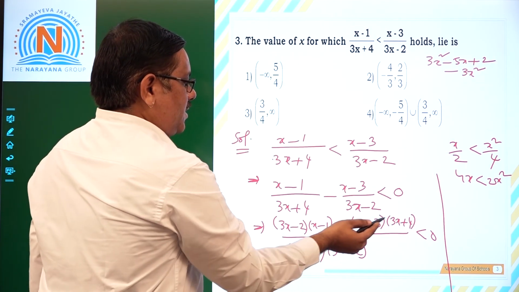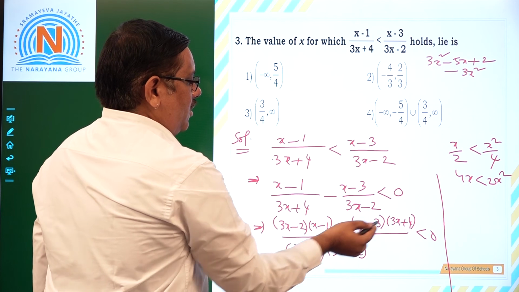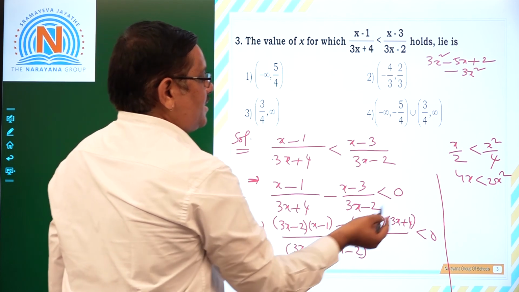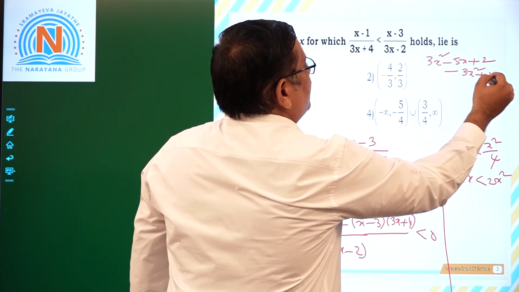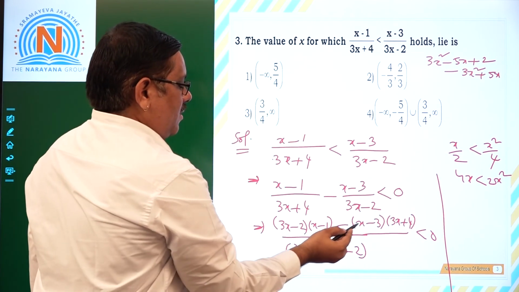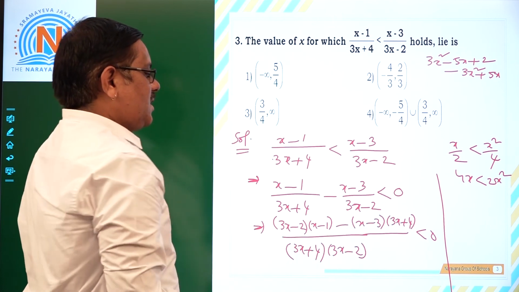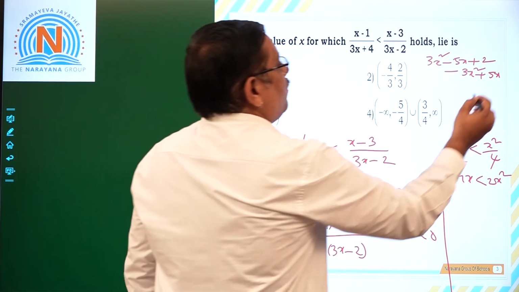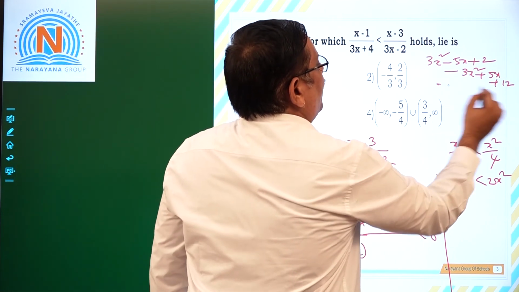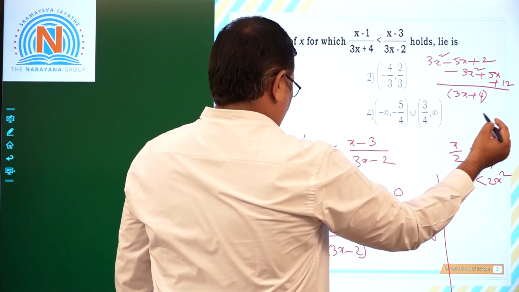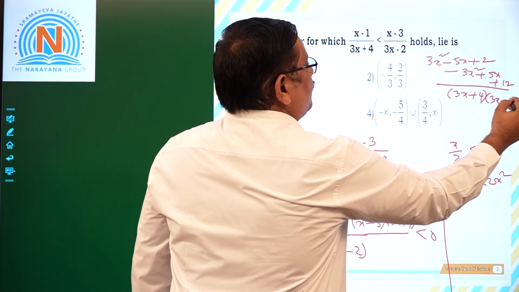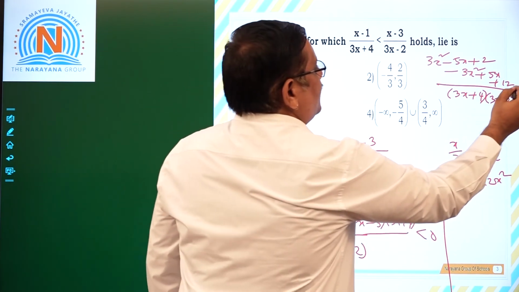Next, minus x into 4, that is minus 4x, plus 9x, that is nothing but plus 5x. Next, we have minus 3 times 4 is minus 12. Anyway, minus, you know, so that will become plus 12. And here, the denominator is as usual, that is (3x plus 4) times (3x minus 2). The inequality is less than 0.